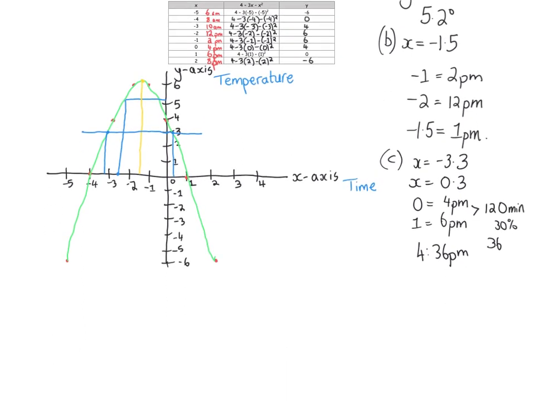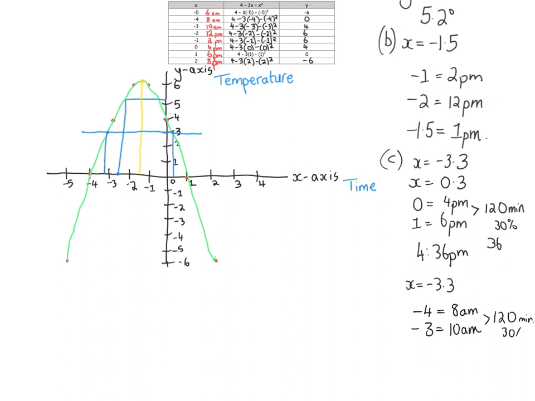I'm going to zoom out here a little bit more and come down. We also had that x was equal to minus 3.3. So that's between minus 3 and minus 4. Minus 4 is equal to 8 a.m. and minus 3 is 10 a.m. So again, there's 120 minutes between these. And I would say we are about 30% to the left.